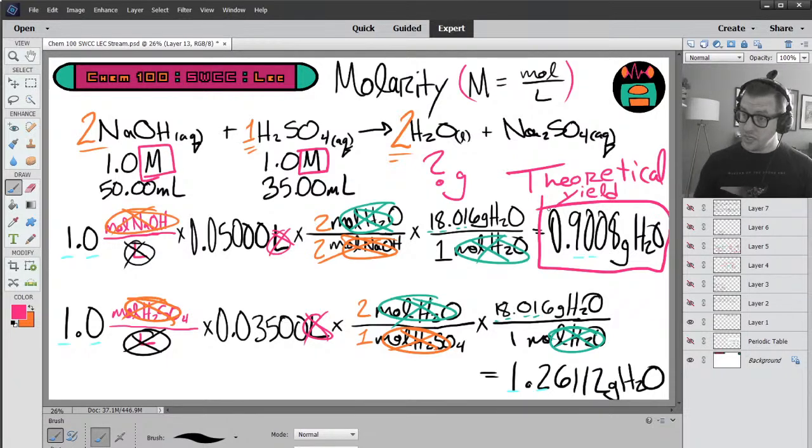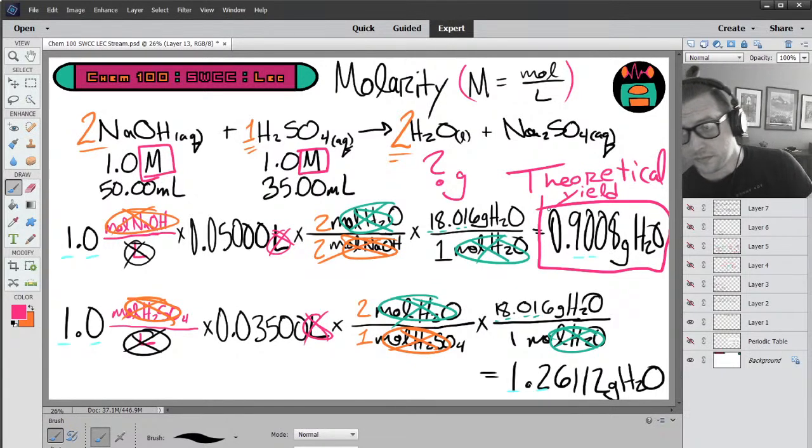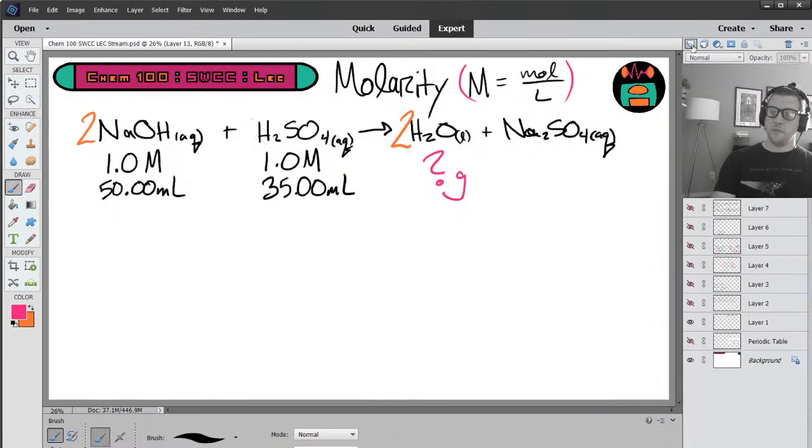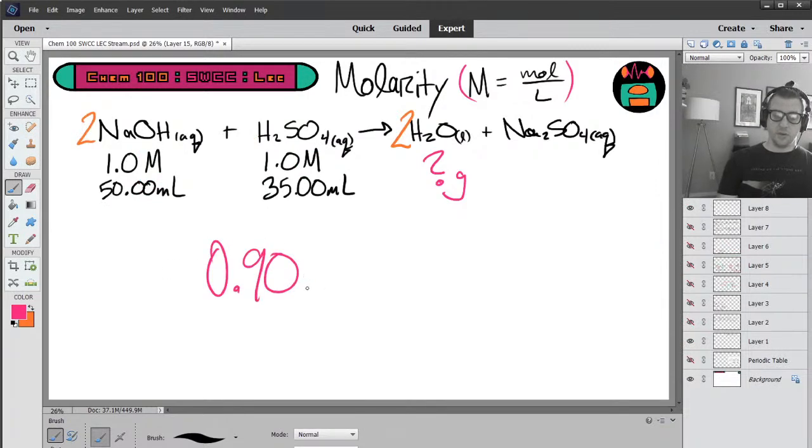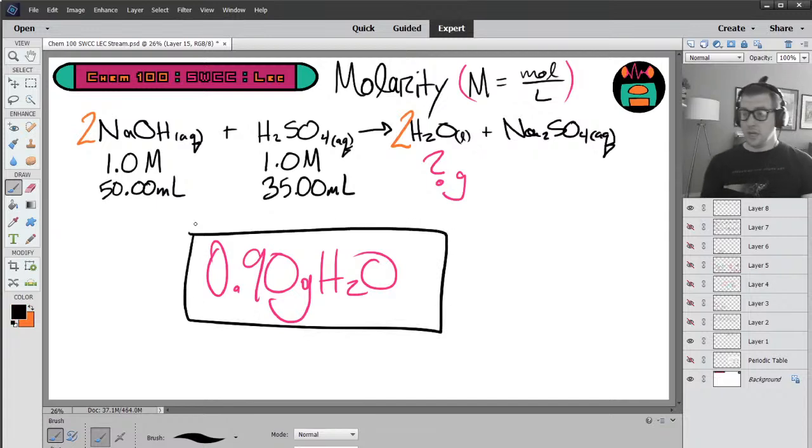Because whenever you're given 2 initial quantities, you do theoretical calculations on each one, and then whichever is smaller, that is the one that you select as your answer, as your theoretical yield. So then just for the sake of completeness, we'd have 2 sig figs. So our answer would be 0.90 grams of water for our theoretical yield.